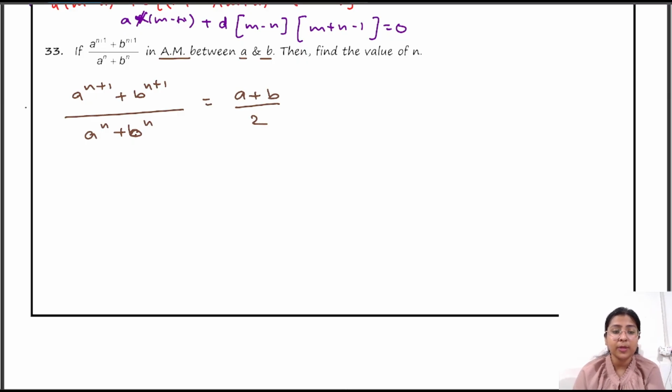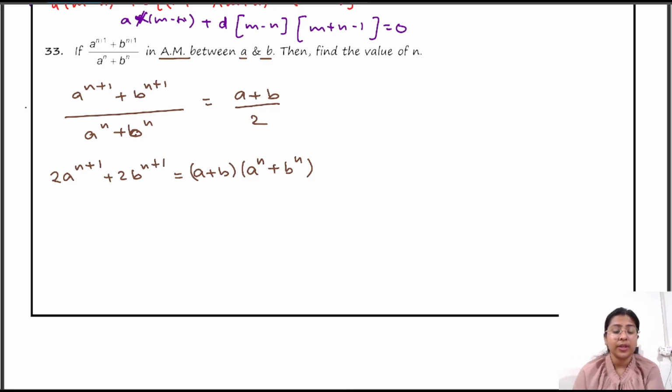Now we can do the cross multiplication. So we will have 2 into A raised to the power n plus 1 plus 2 into B raised to the power n plus 1 is equals to A plus B into A raised to the power n plus B raised to the power n.